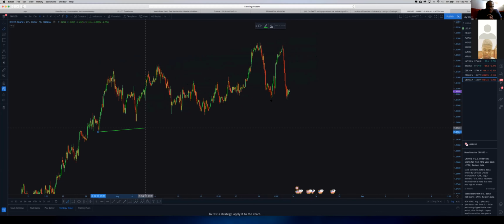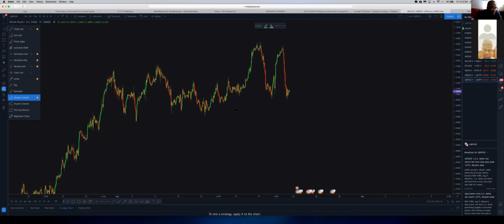Which tool is that? I need to use that. How do you tool out the trend line and then it goes up? This is the parallel channel.